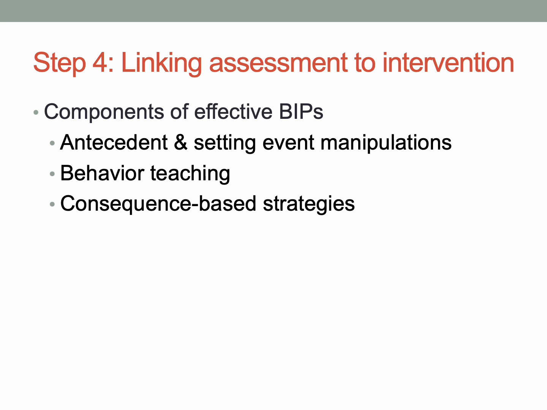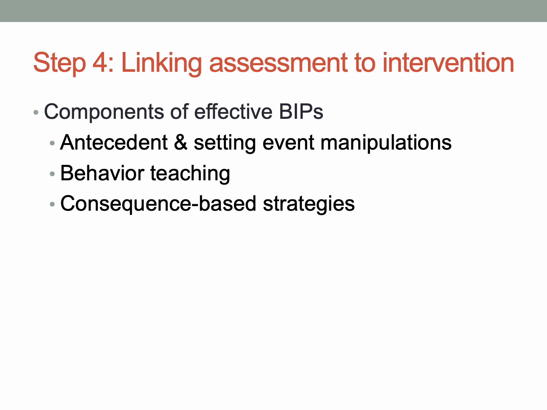Now you know that your ABC and the function you identified is true by testing. Then you will develop intervention. It's called behavior intervention plan. So once you finish FBA, then you will develop BIP, behavior intervention plan. This includes antecedent setting events intervention, behavior teaching, and consequence-based strategy.